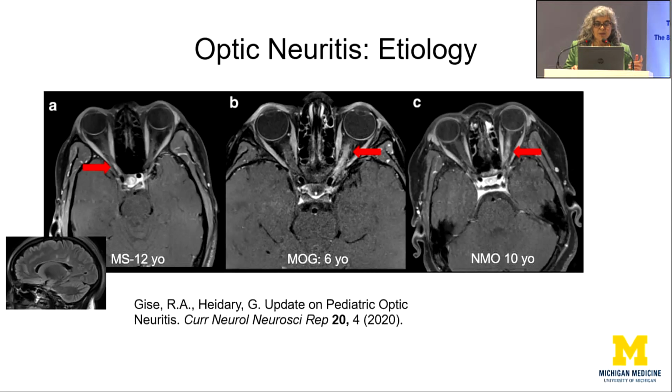This is from the paper on update on pediatric optic neuritis. It shows the MRI orbit findings. The first panel is MS, a 12-year-old with multiple sclerosis.